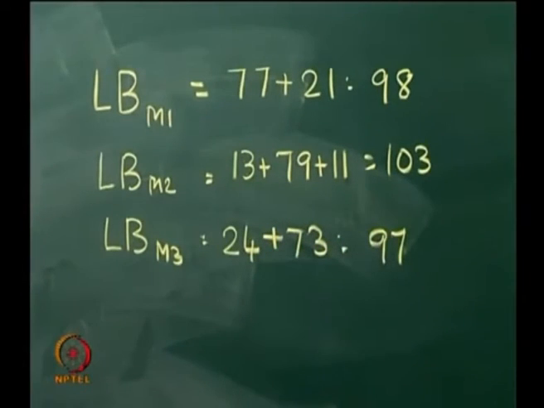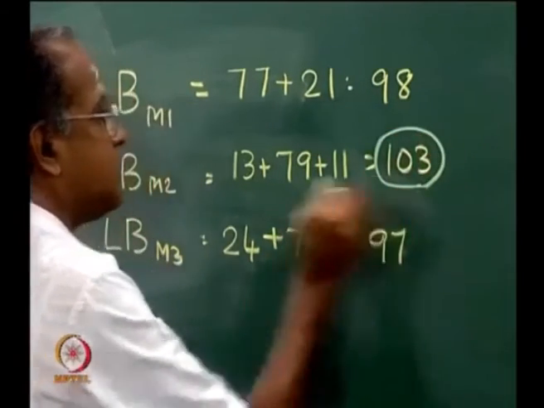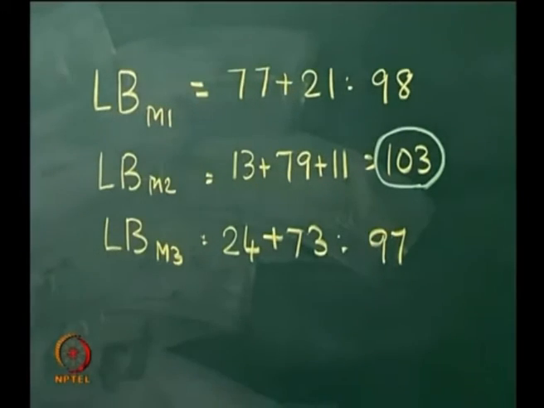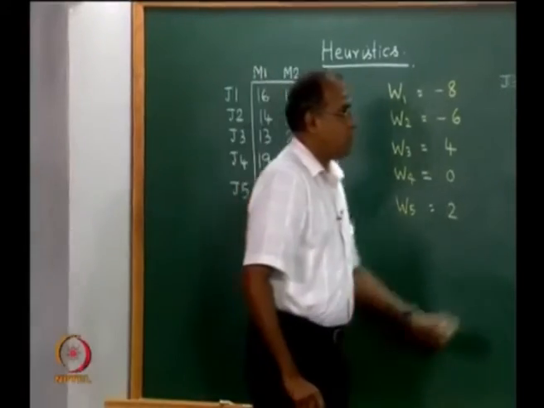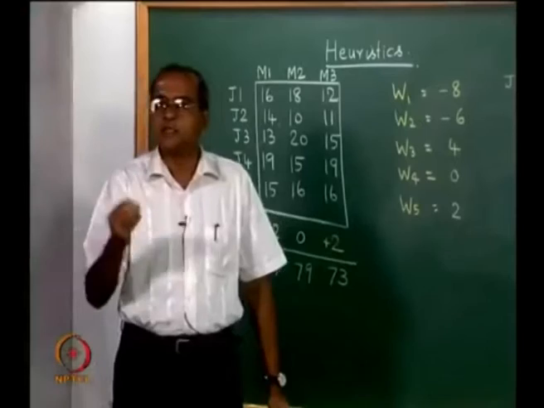Now, out of the 3 lower bounds, the maximum one is the best bound. So, 103 is a very good lower bound that we have got from using the 3 machines. So, now we have 2 pieces of information. We know definitely, based on the lower bound, that the make span cannot be less than 103.